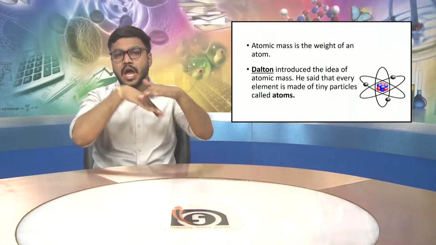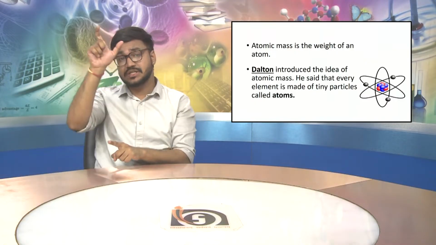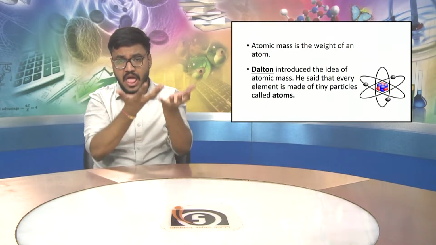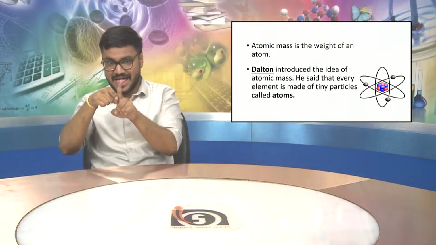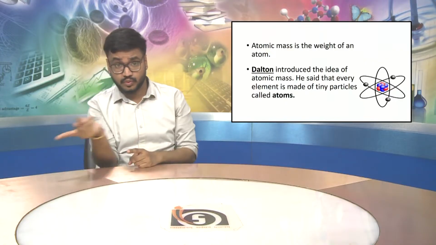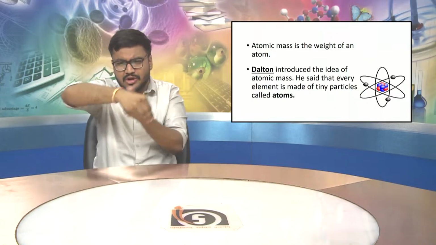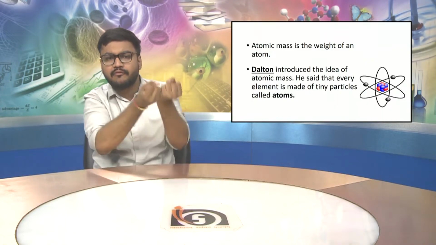In general words, we can say atomic mass is the weight of an atom. A scientist named Dalton introduced the idea of atomic mass. He said that every element is made of tiny particles, which are called atoms.